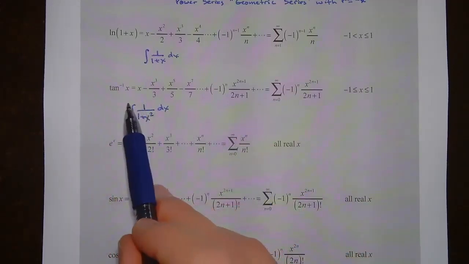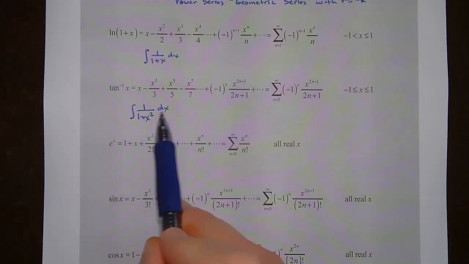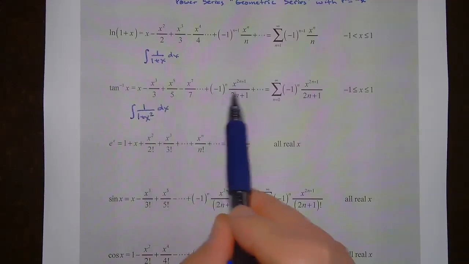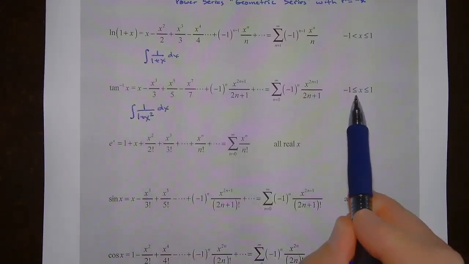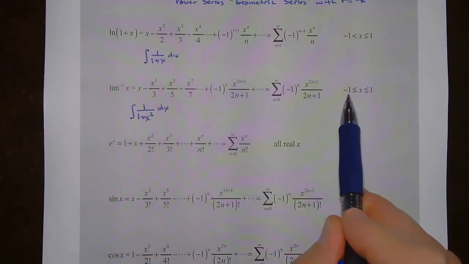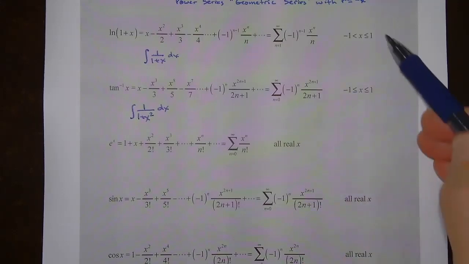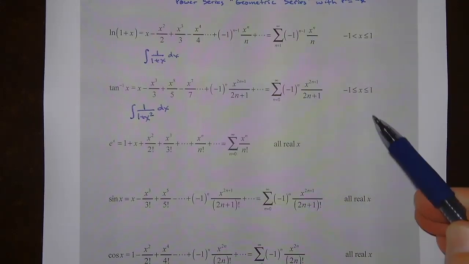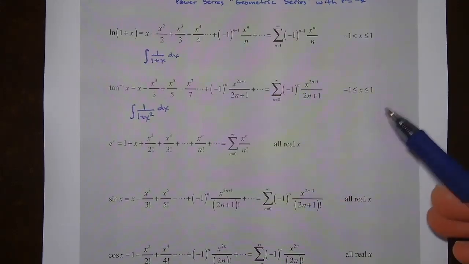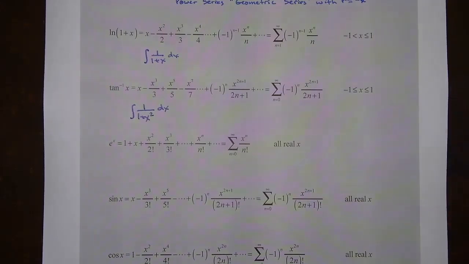When we integrate the series for 1 over 1 plus x squared, we come up with this series, and it converges for -1 to 1, including -1 and 1. We're going to talk about why this one includes -1 and 1 in a later lesson, when we cover convergence at the endpoints.